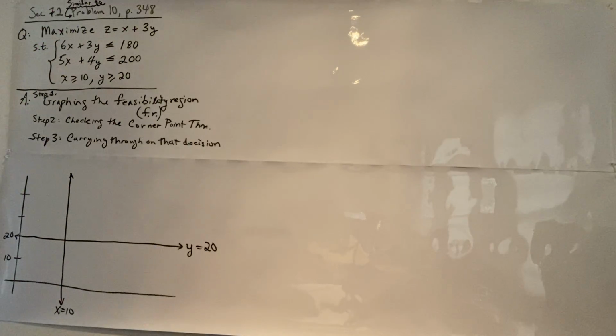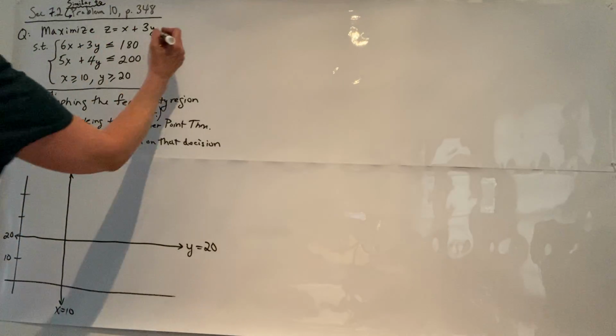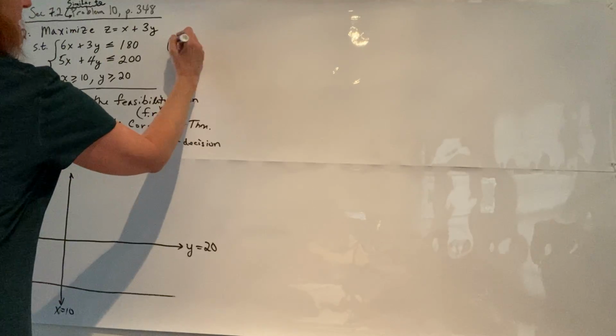So we're going to do our usual trick, come up with points that are on the first boundary line. Slightly different because we're not looking at x greater than or equal to 0, y greater than or equal to 0. I'm going to switch this up a little bit. For example, what happens when x is equal to 10?